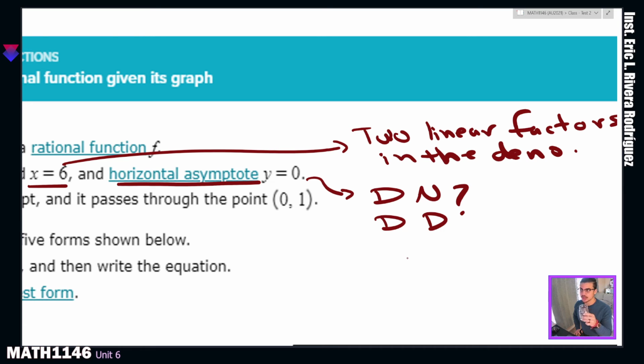What is the relationship here between the degree of the numerator and the degree of the denominator? Okay, tell me your answer in the chat. Amanda, I have the degree of the denominator plus the degree of the numerator is equal. Equal?